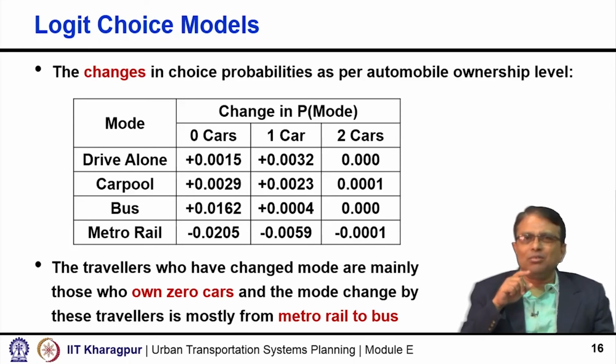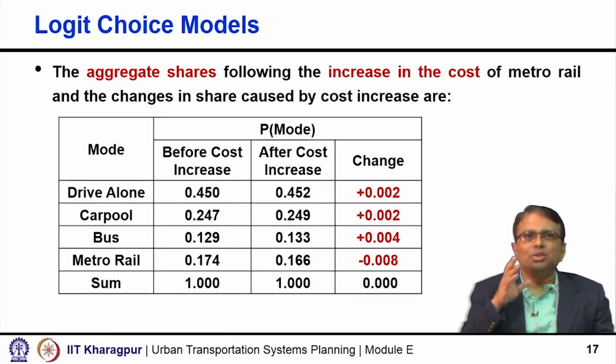Now, I know again overall population, how much percentage is with 0 car, how much percentage is with 1 car and how much percentage is with 2 car. Those proportions are known. So, with those I again calculate the overall aggregate level, what is really happening, the distribution.